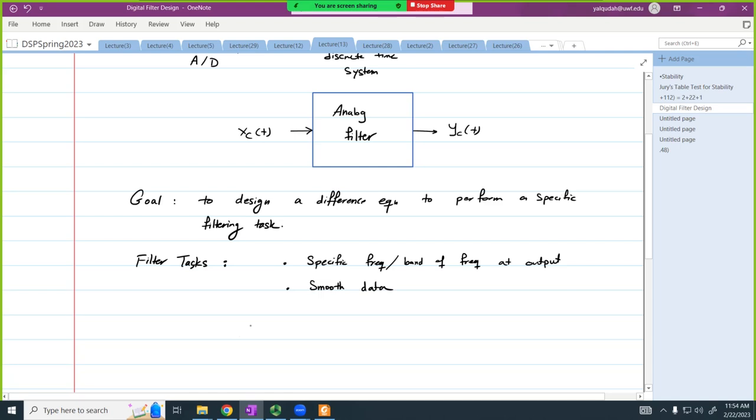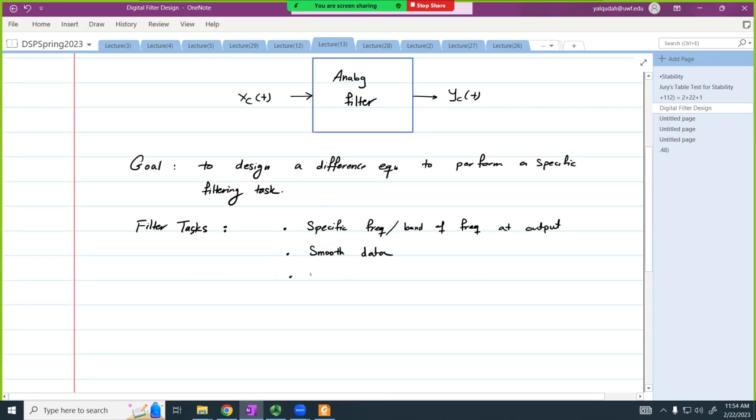What else? If I have a signal and I know the content of my signal is only within a certain band, then I don't want all the rest of the bands to be in my signal. So I can remove, for instance, noise that might be outside the band of interest. We can compensate for non-ideal channel.